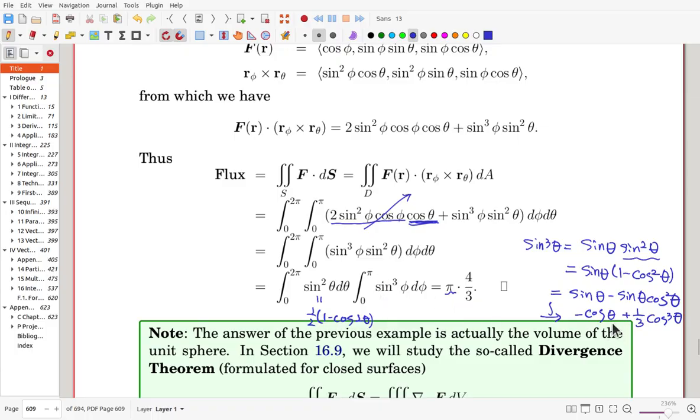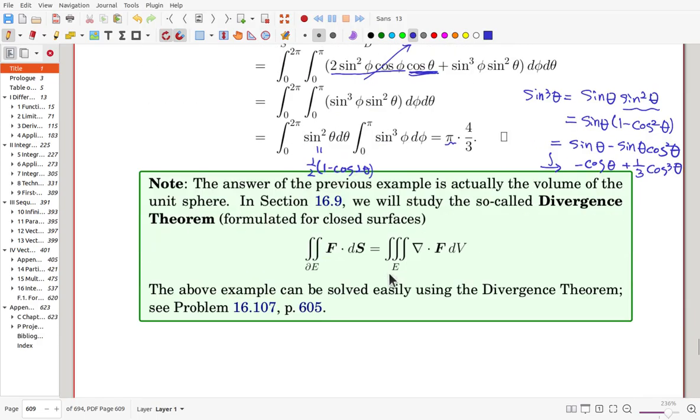From the first one, you'll get 1, and from the other, you'll get 1/3, so that you have 4 over 3, I believe.